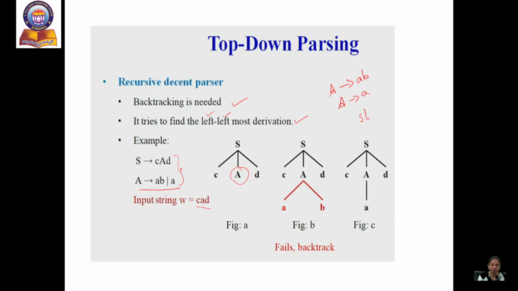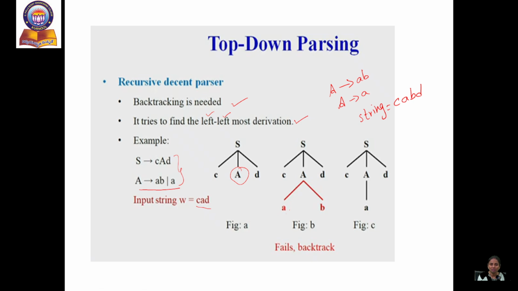So the string we got is C A B D, but the string we have to obtain is C A D. So by elaborating the first production in the place of the non-terminal A, we are unable to derive the intended string.